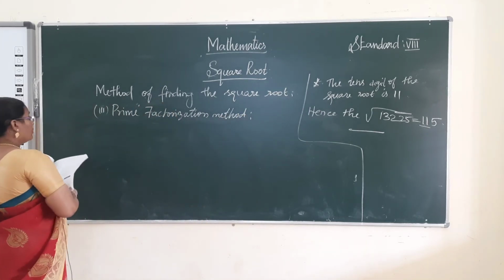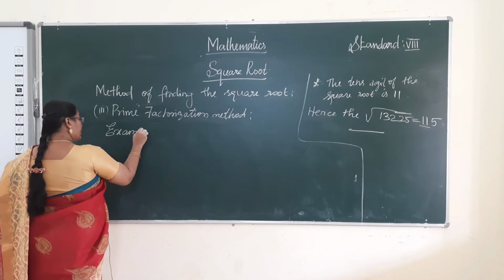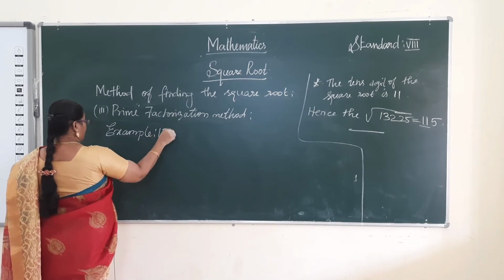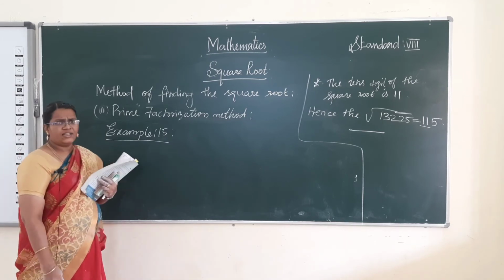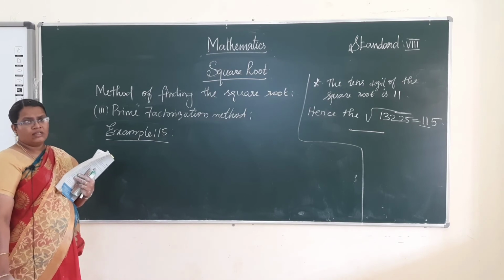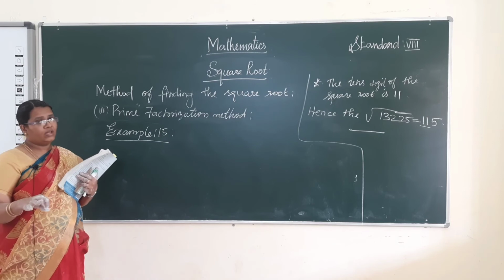Okay, so see the example. What is the meaning of prime? Prime numbers means greater than 1, having exactly 2 factors, 1 and itself only.